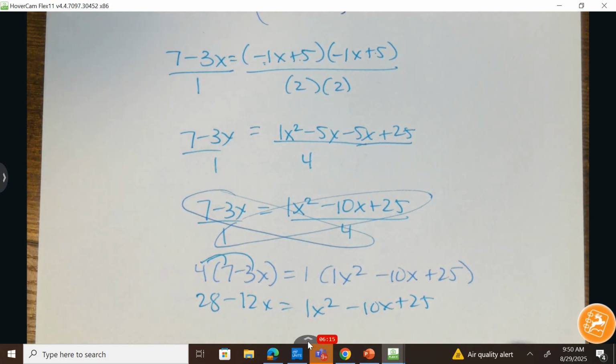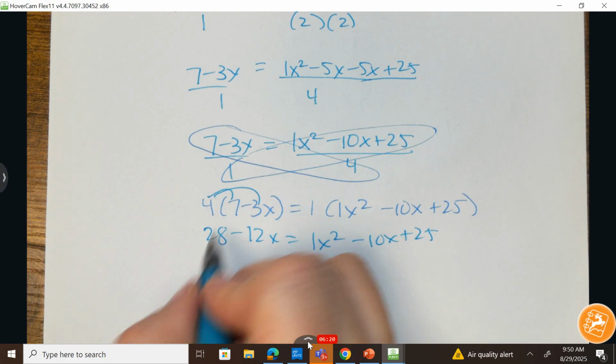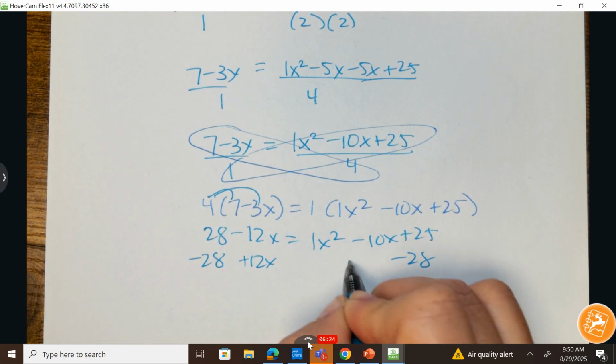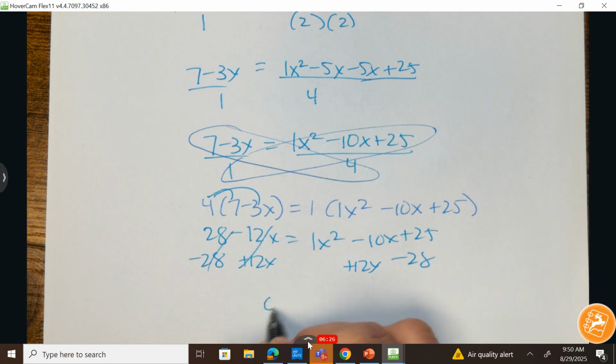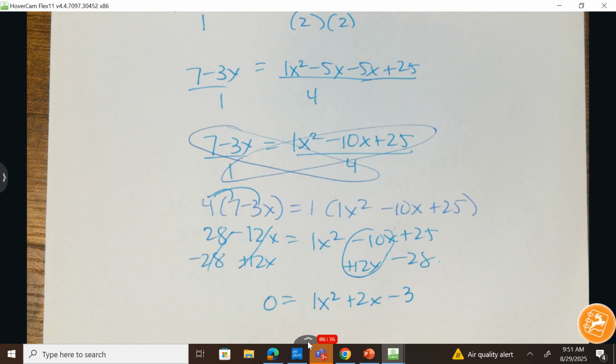In this case, I think it's going to be easier for us to move the 2 terms on the left over to the right. Okay, 1x squared plus 2x minus 3.